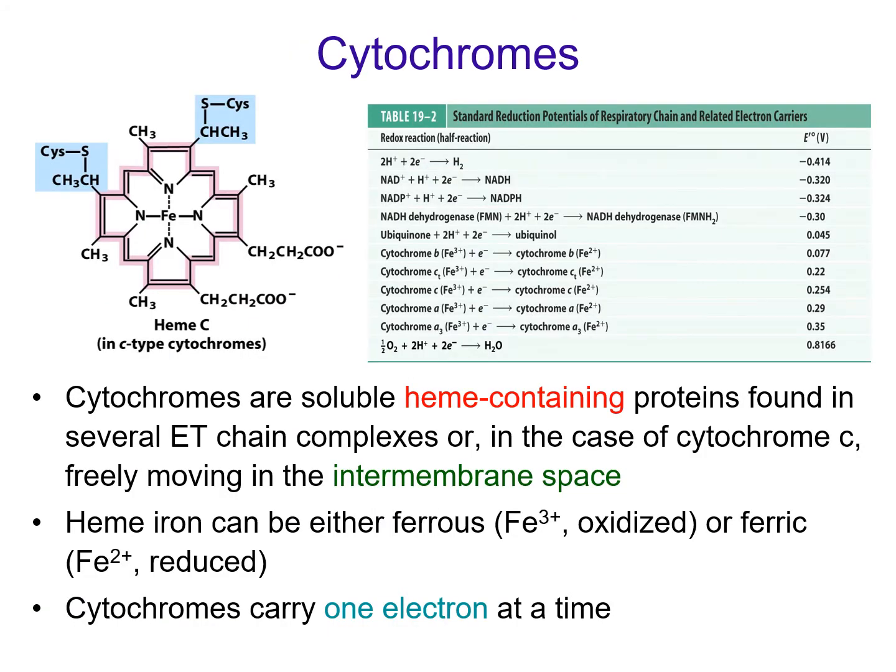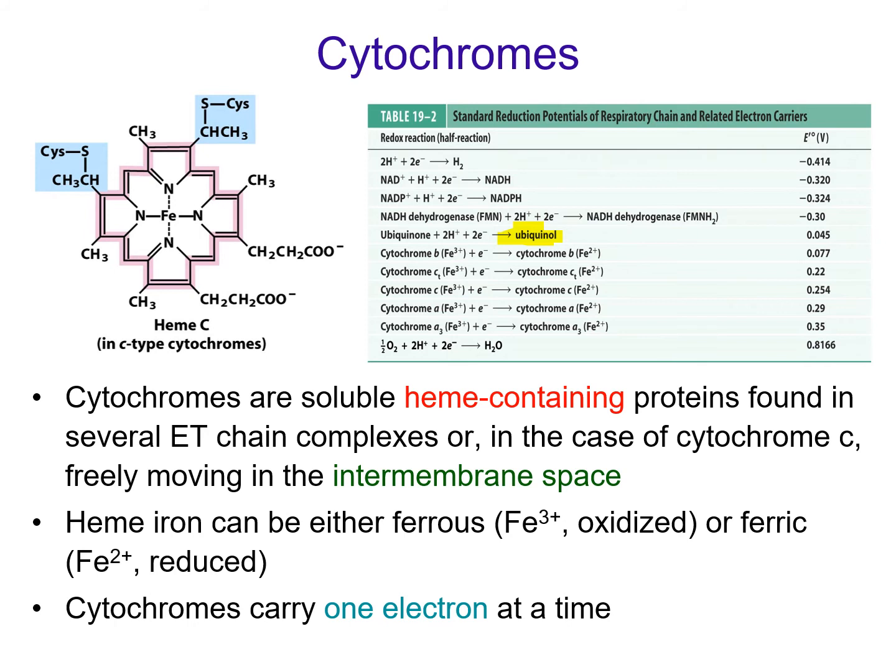So I want to stop for a second and look at the structure of cytochrome C. From complex 1 and complex 2, we have our electrons being carried by ubiquinol. And eventually we know we want to get them to oxygen. And so our complex 3 and complex 4 are going to have cytochromes as their electron acceptors.